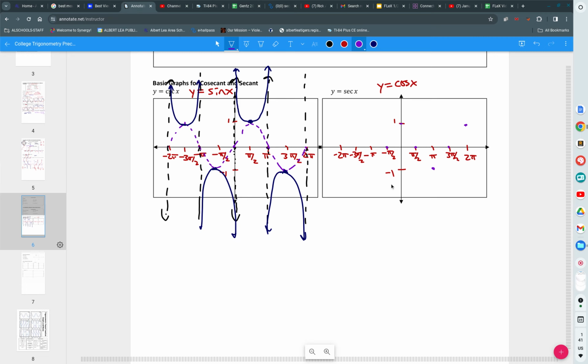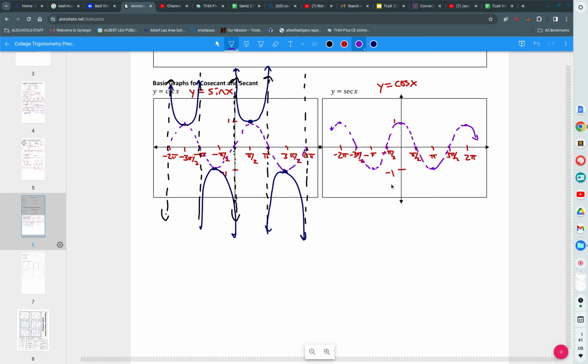Why does cosine start at the top? Greatest value. Why? Because the terminal point for 0 for cosine is 1, 0. And is cosine the x value or the y value? The x value. So the x value here is 1.